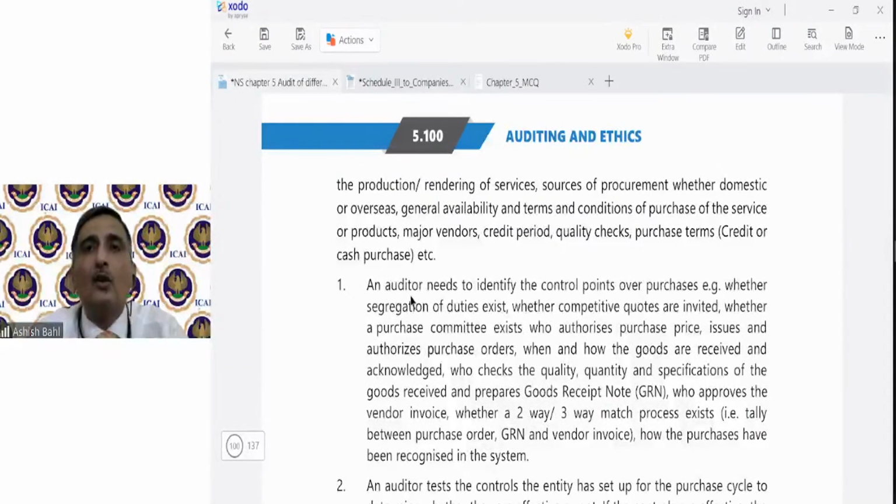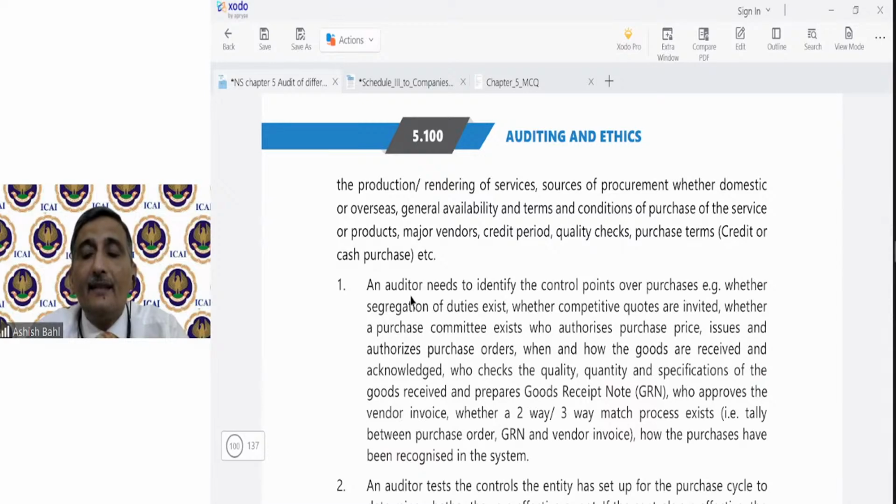He would also verify stock records, like when goods are received, how these are updated in stock records, and how entries are made in books of account. What is the system of segregation of duties, like whether the persons who are responsible for receiving the goods are not given the job of recording entries in books of accounts, and how the payments are being made.